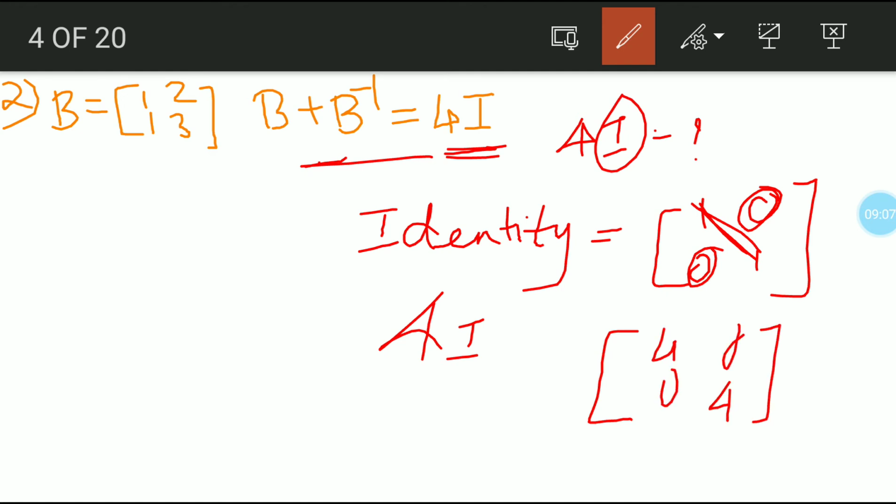That is called 4I. Normal unit identity means 1 will be there. 4 into I means 4 should be multiplied to the 1, so that's why 4 is there. If this comes, then this is proved. Okay, so let's start this question.